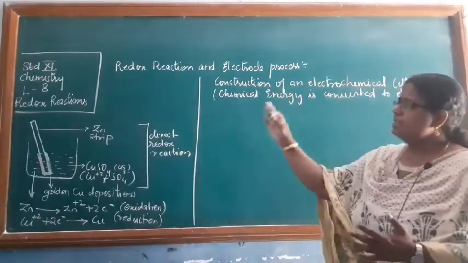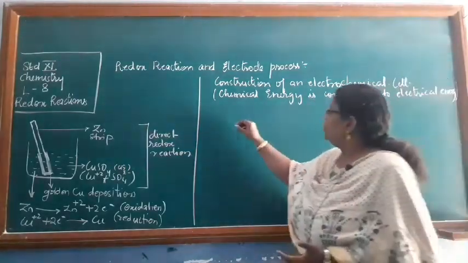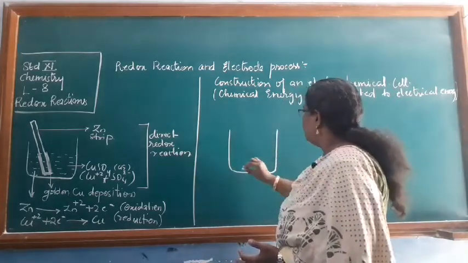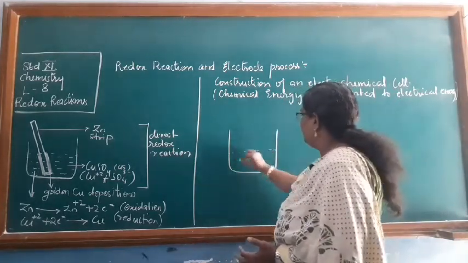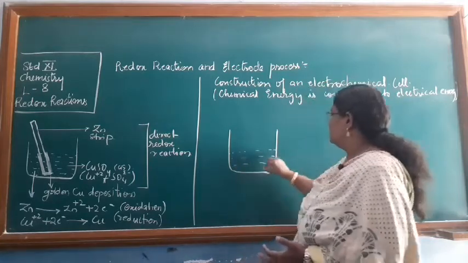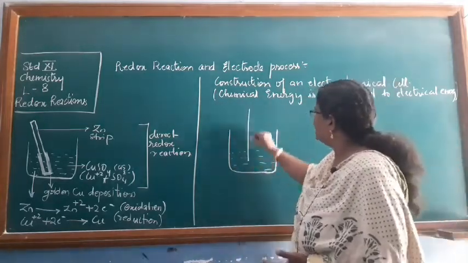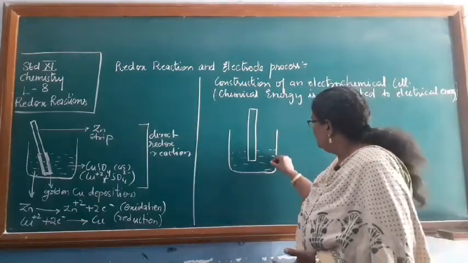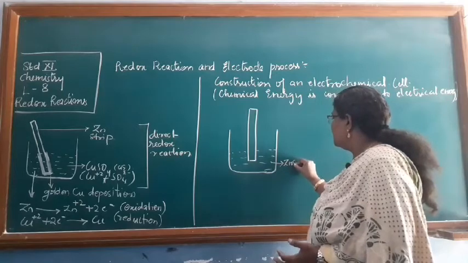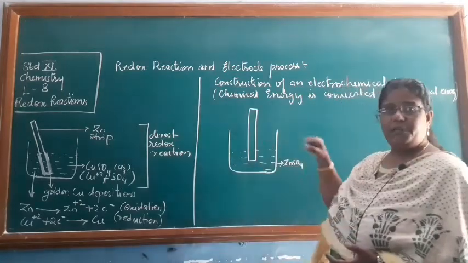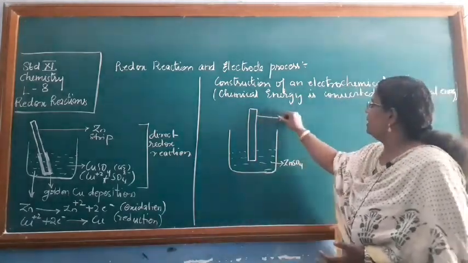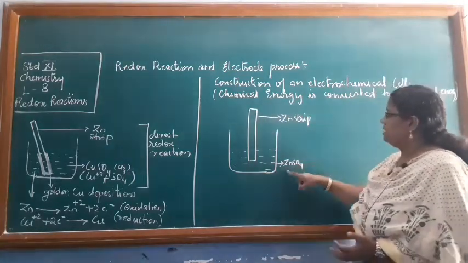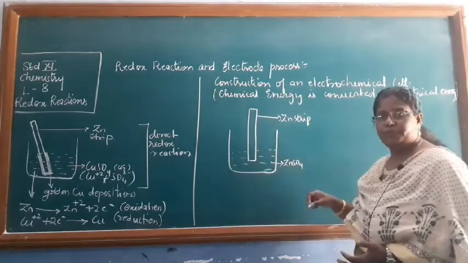So now this same reaction, if you do it in a different manner or make a separate setup, for example, you take the zinc strip. This zinc strip you take in the salt of the same metal, that is, the Zn strip is placed in ZnSO4 solution.